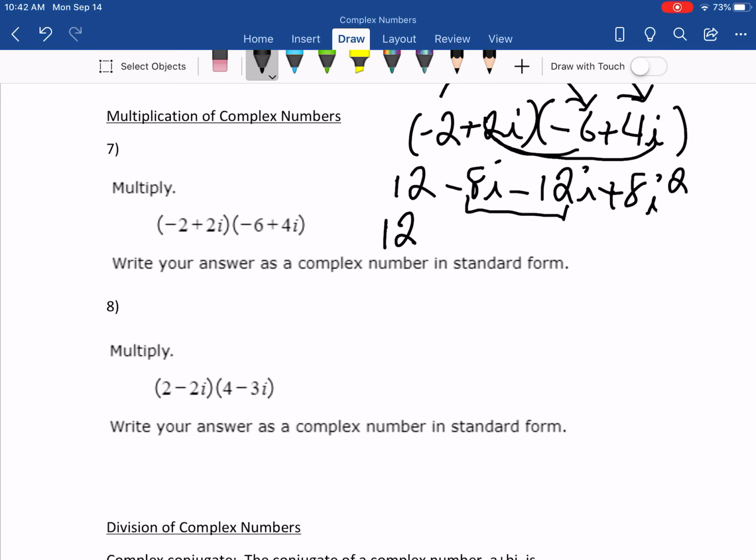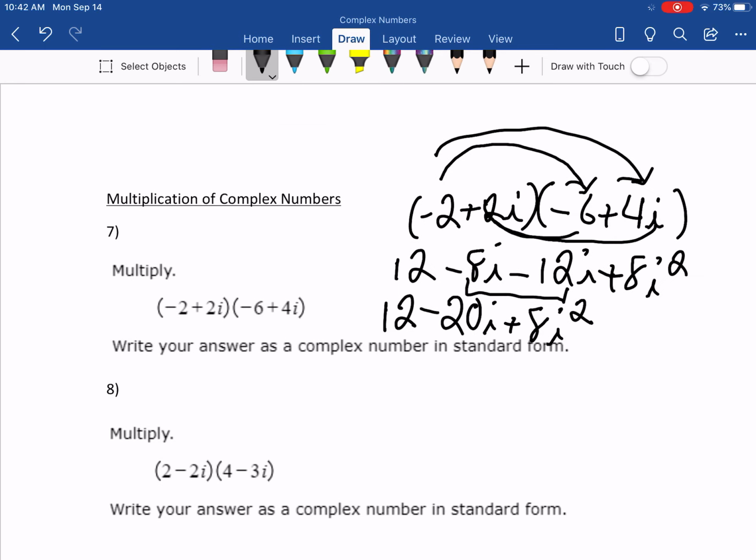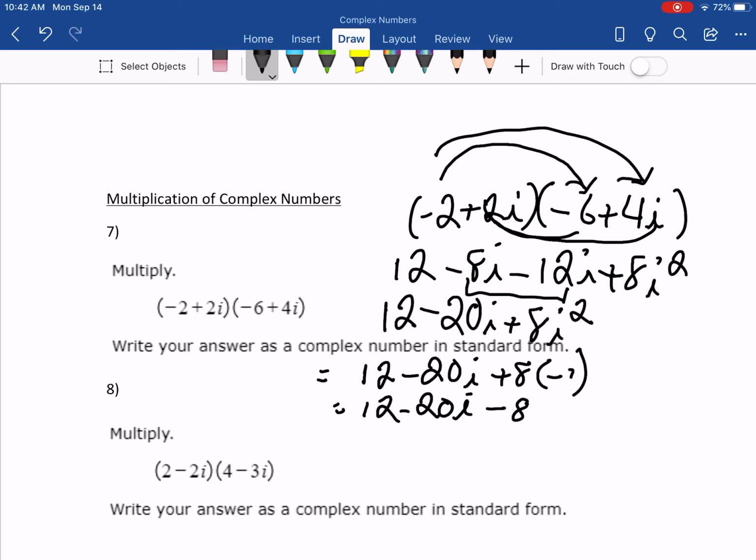This is 12 minus 20i plus 8i squared. And our answer has a power of i, the i squared, which we know is equal to negative 1. So if we substitute negative 1 for i squared, that's 12 minus 20i plus 8 times negative 1. So that's 12 minus 20i minus 8. And now if we add real part to real part, imaginary part to imaginary part, we'll have 4 minus 20i.